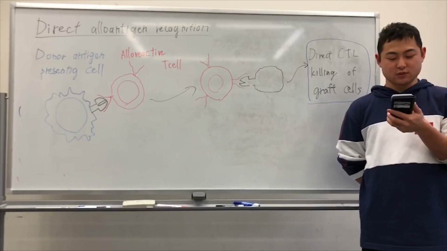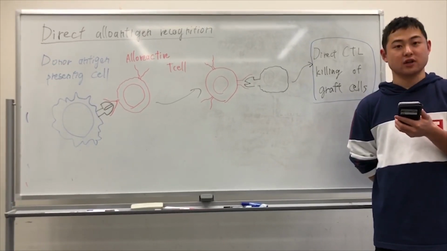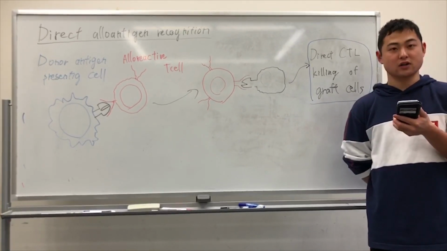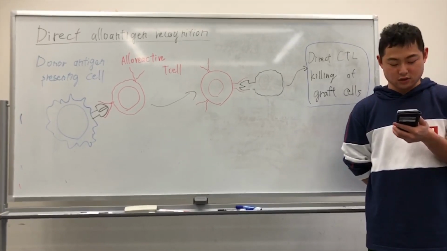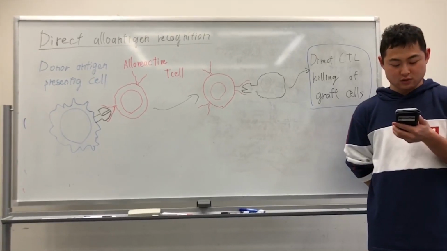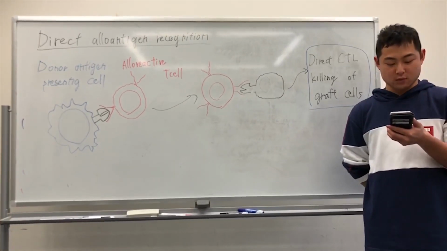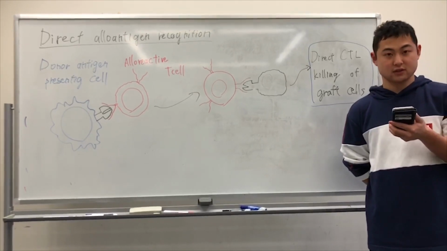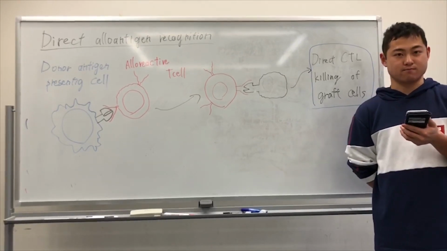Recipient's CD4 positive T cells or CD8 positive T cells directly recognize donor MHC class 2 or class 1 respectively, and then they are differentiated into helper T cells or cytotoxic T lymphocytes. Cytotoxic T lymphocytes directly recognize the same donor MHC peptide complexes on graft tissue cells and kill them.